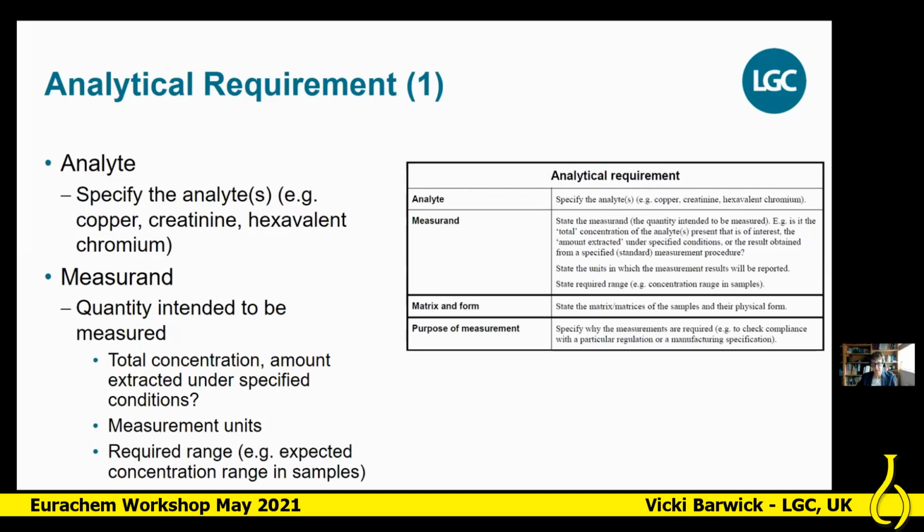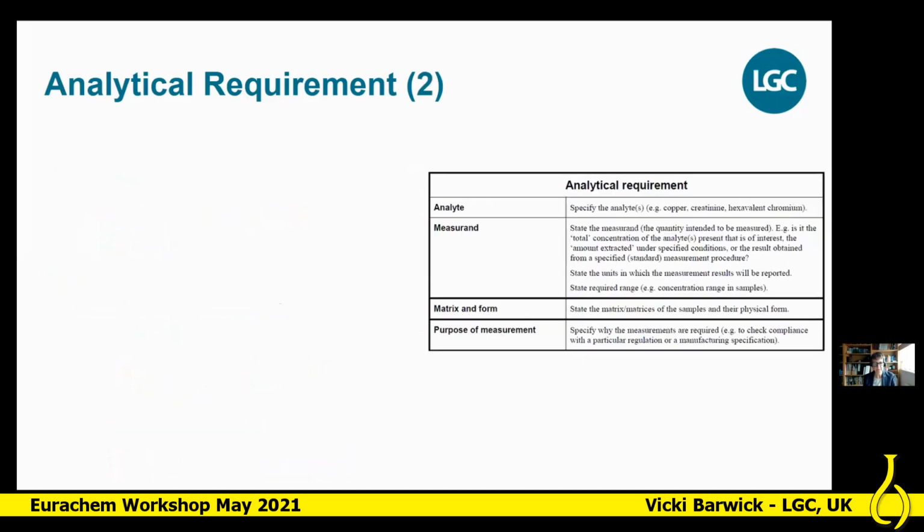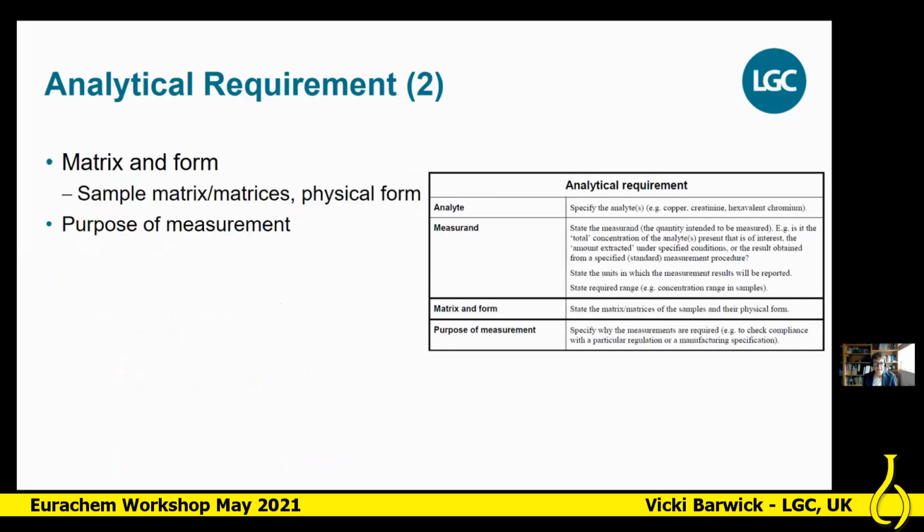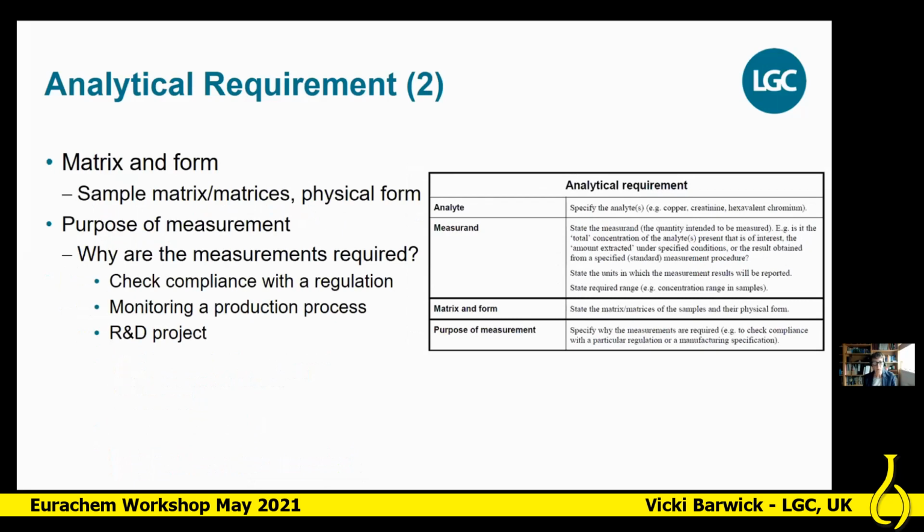And then also we need to know as much as possible about the materials we're actually going to be analysing. So what is the matrix? What's the physical form that we might be faced with? Also need to understand what's the purpose of the measurement. So what are the results actually going to be used for?